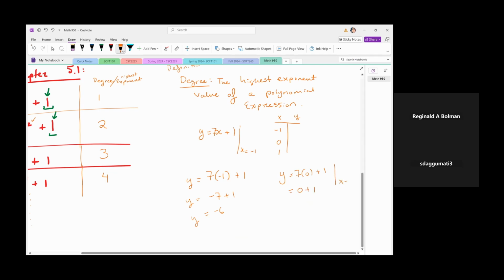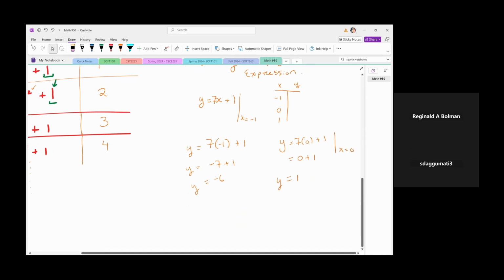So this is my equation evaluated when x is equal to 0. And my y would be 1. If I evaluated my expression at x is equal to 1, I would get 7 times 1 plus 1, or 7 plus 1, which gives me 8. So to be specific, we have -6, 1, and 8 as the behavior of our system.